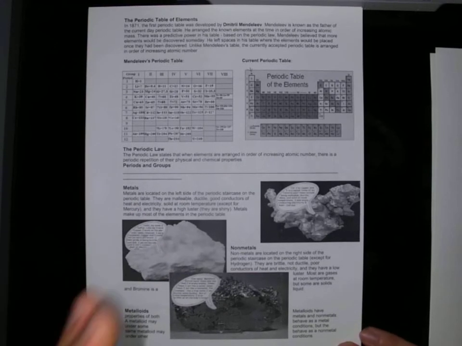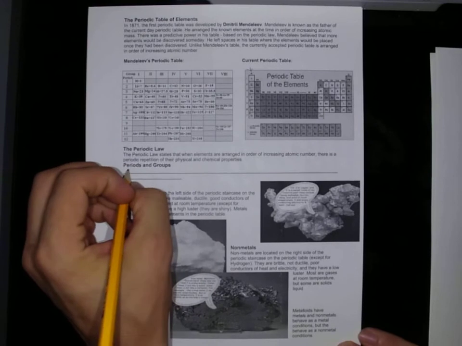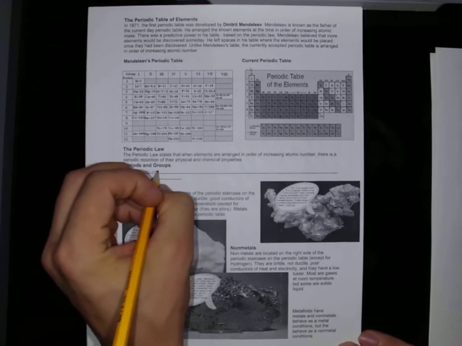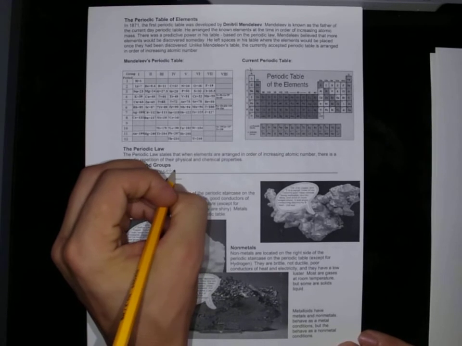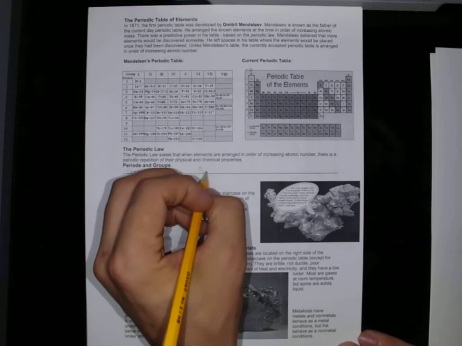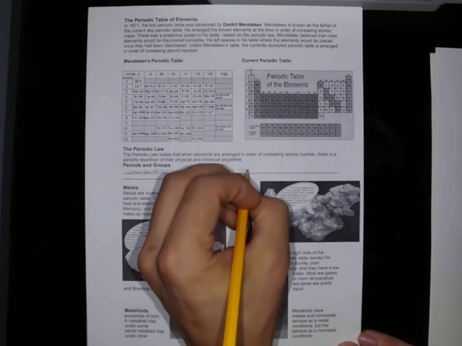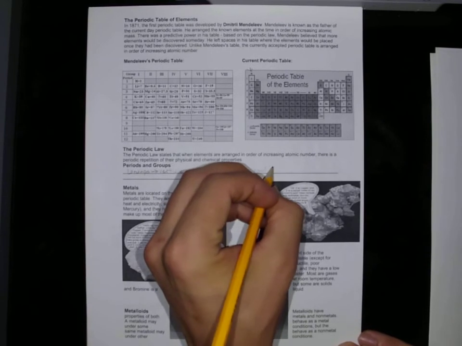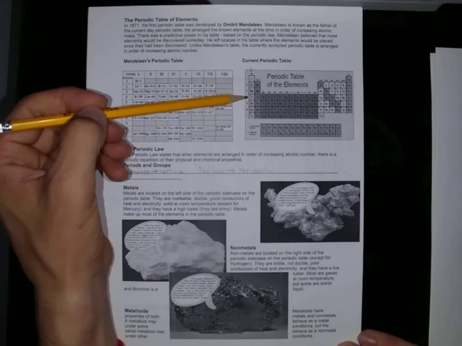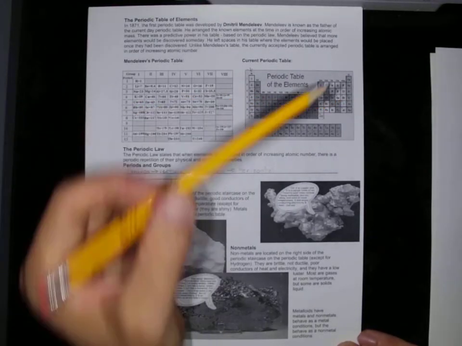So groups are vertical, and then periods are horizontal. Okay, so a period would be like the fourth period here, where we go from potassium, calcium, all the way over here to bromine and krypton.